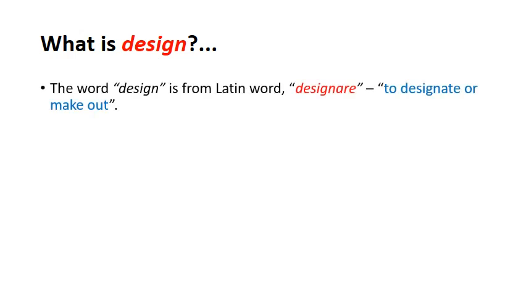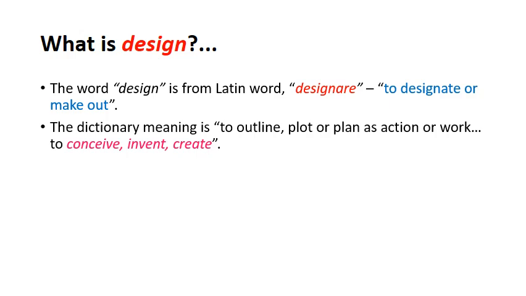Then, what exactly does design mean? What is its origin? Design basically came from a Latin word designare, which means to designate or to make out. So, the dictionary meaning is to outline, plot, plan an action, a work, or to conceive, invent, or create.